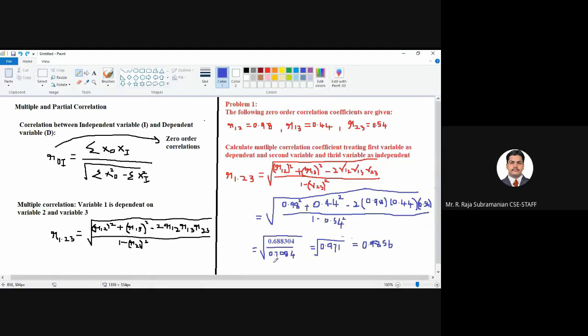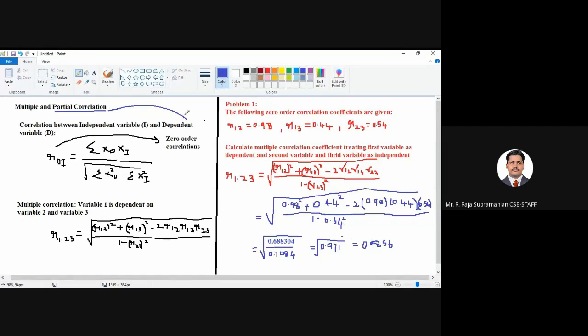Shall I erase the left hand portion here? Sir, what is zero order correlation, between independent and dependent? Zero order correlation means none of the independent variables is made constant.